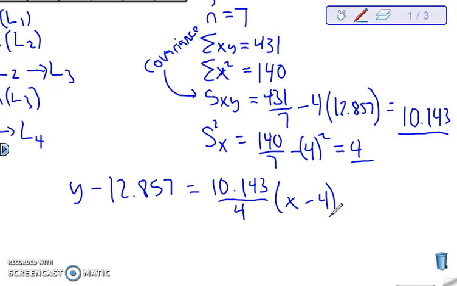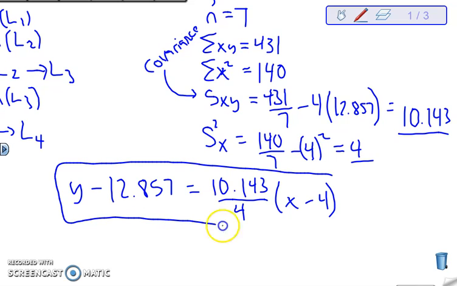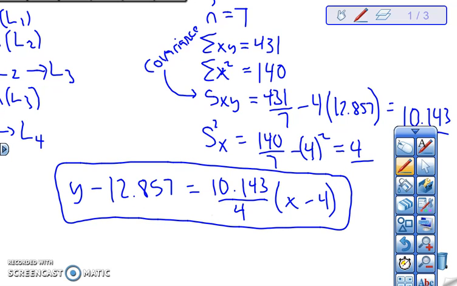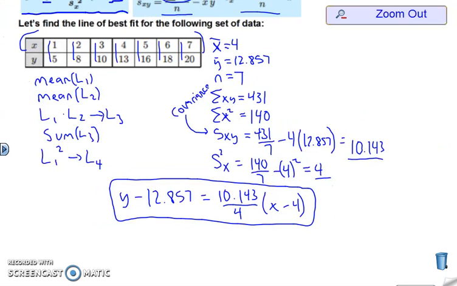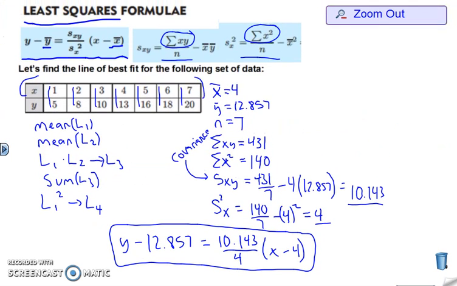And so if you want to graph this on your calculator, then you just solve it for Y and type it in. And that is how we calculate a least squares regression given a set of two variables.